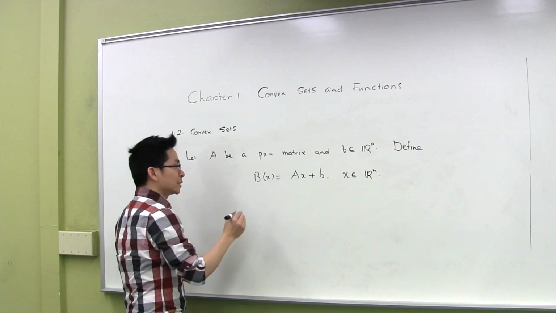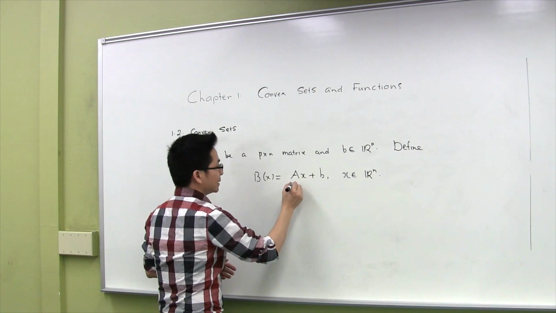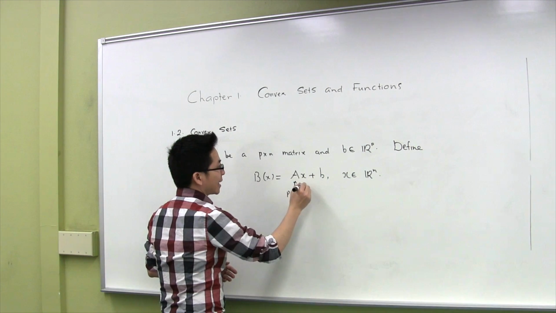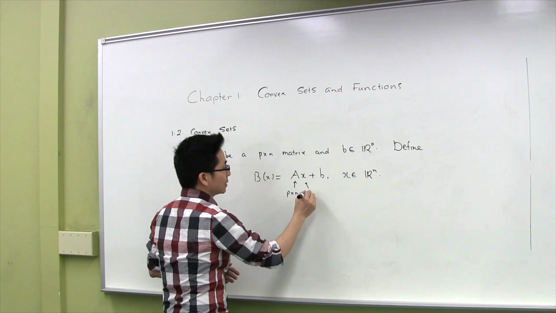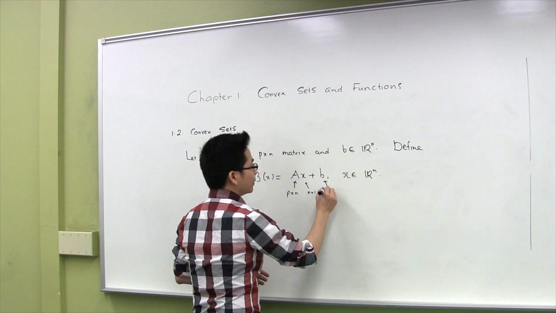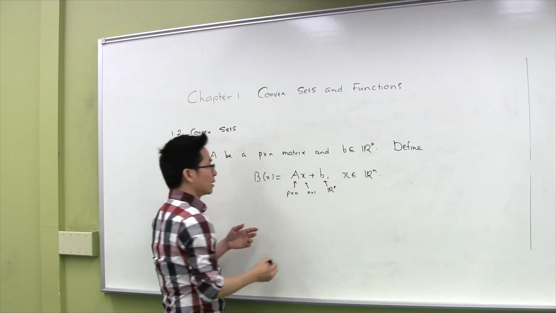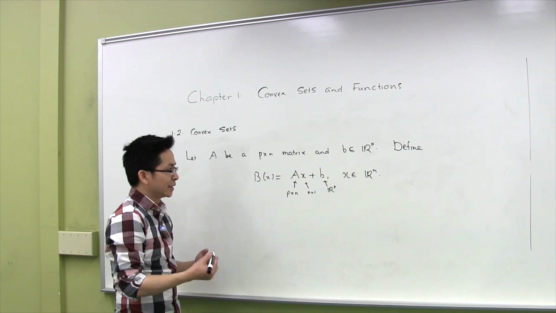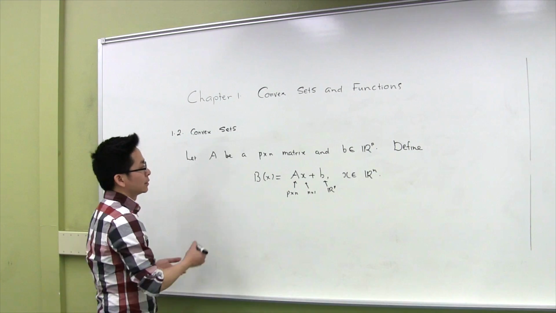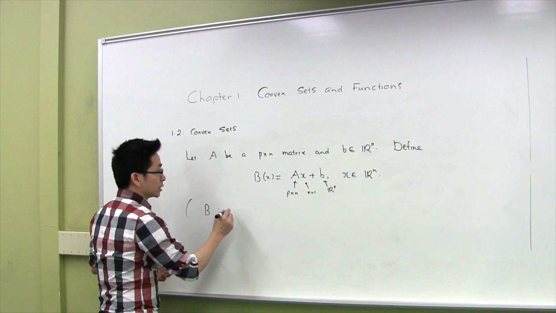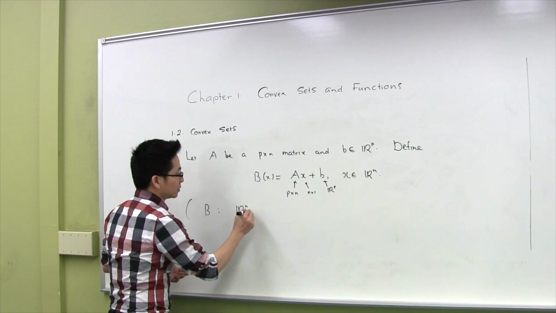Note that A here is a p by n matrix, and x is in R^n, so we can consider it as an n by 1 vector, and b is in R^p, so then B(x) is Ax plus b, so it is an element of R^p. Therefore, B is a function from R^n to R^p.